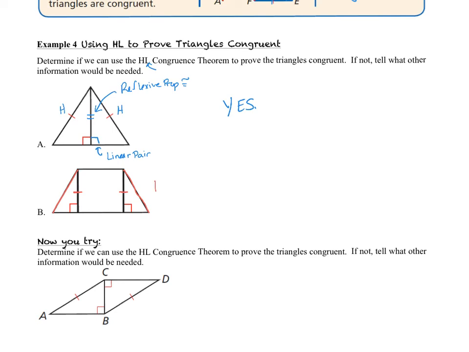So I only have L. So I don't know if these triangles are congruent. I have a congruent leg of a right triangle, but I'm missing the congruent hypotenuse.